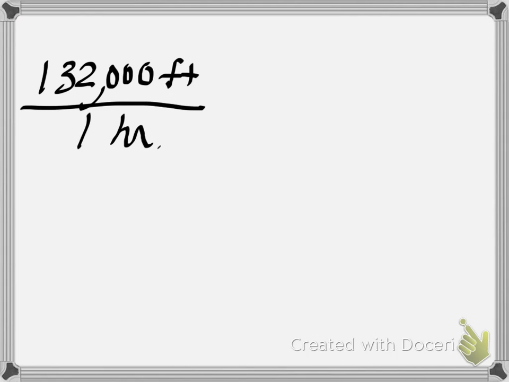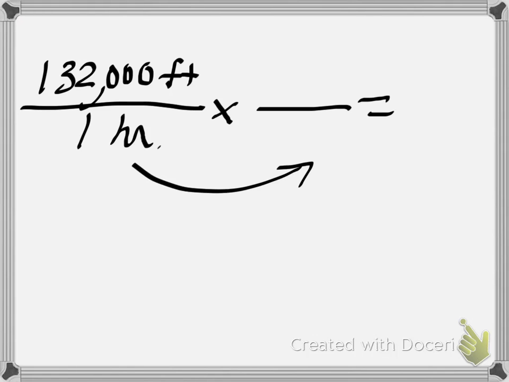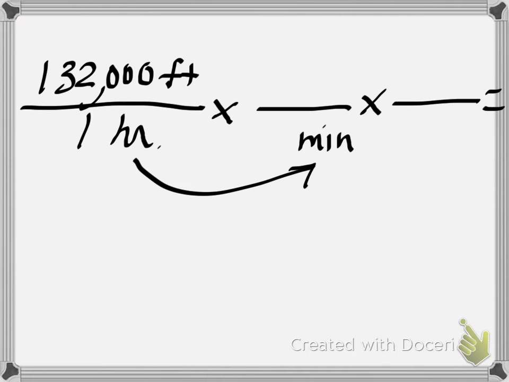Now we have to change our hours to seconds. Okay. So we're on the bottom here, so we're going to change hours to seconds. But in order to do that, we can't actually go from hours to seconds. So that tells us we're going to have to do it in steps. So we're going to go from hours to minutes, then from minutes to seconds.